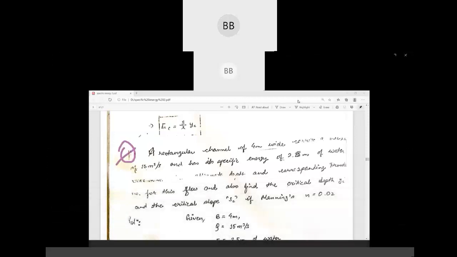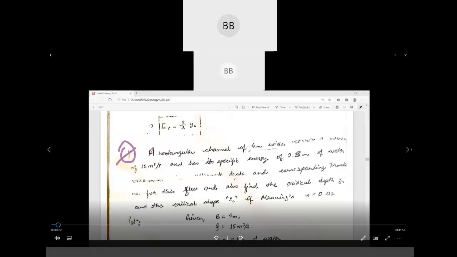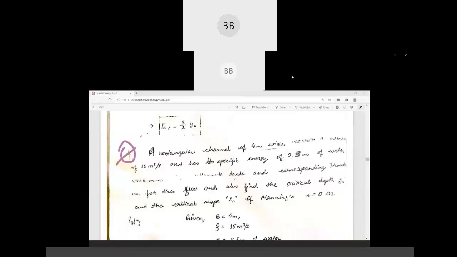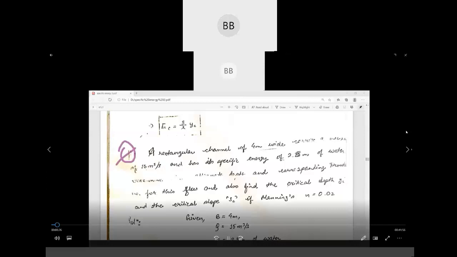So we are going to solve the first numerical related to our specific energy. Kindly write down the numerical. A rectangular channel of 4 meter wide. The width of the channel is given 4 meter.